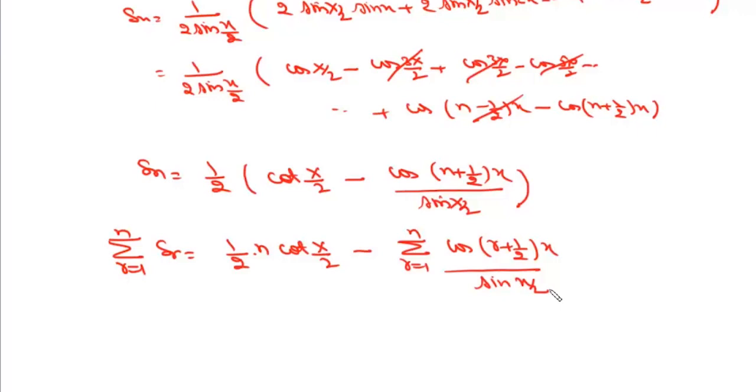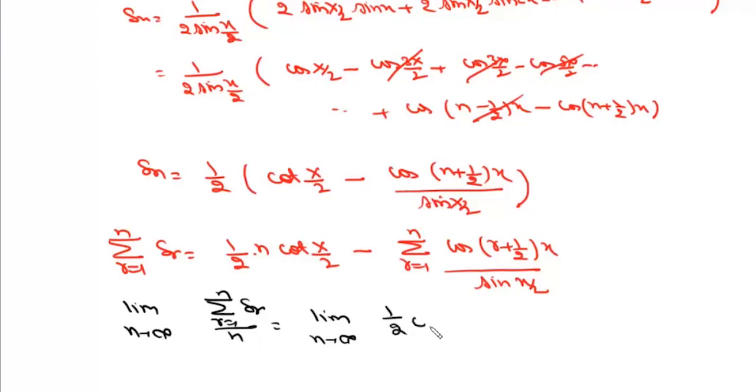Now we need to find this limit n tends to infinity summation Sr upon n. Now will be this limit n tends to infinity. Now here n and n will cancel.